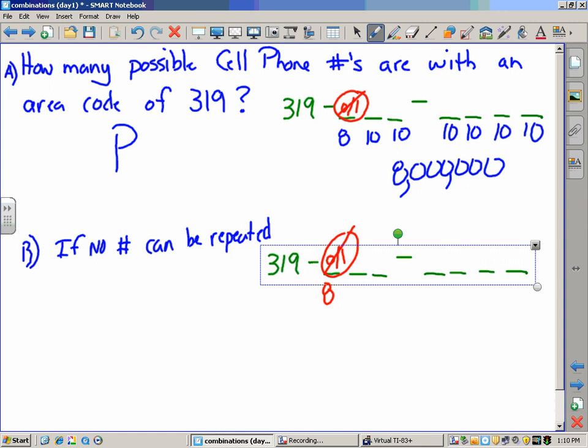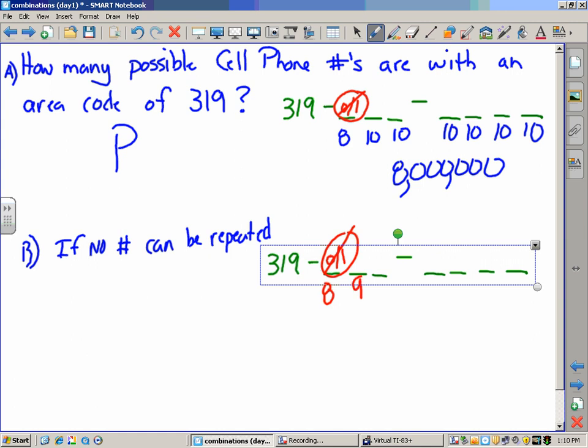You picked a number for your first slot, and it wasn't 0 or 1. Let's say it was 5. Now if I picked 5, how many numbers do I have to choose from for my second number? 9. 0 and 1 are back in the mix now. I can't use 5 because I already used it, but I have 9 left here.